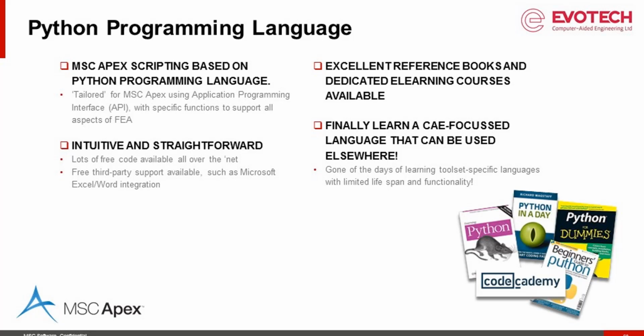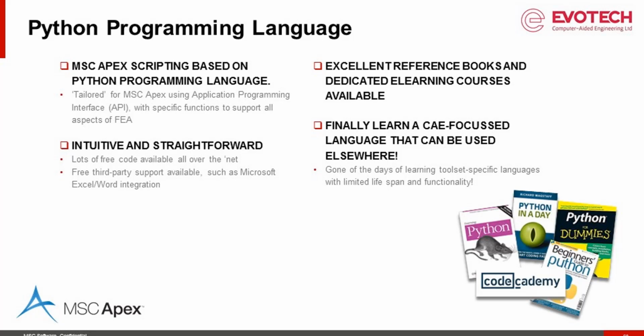It's intuitive and straightforward, so easy to pick up, lots of free code available all over the net, and free third-party support available, such as integration with Microsoft Excel and Word and many of the tools that people use out there. There are many excellent reference books and dedicated e-learning courses available, and I've just put some images of those examples in the bottom right hand corner.